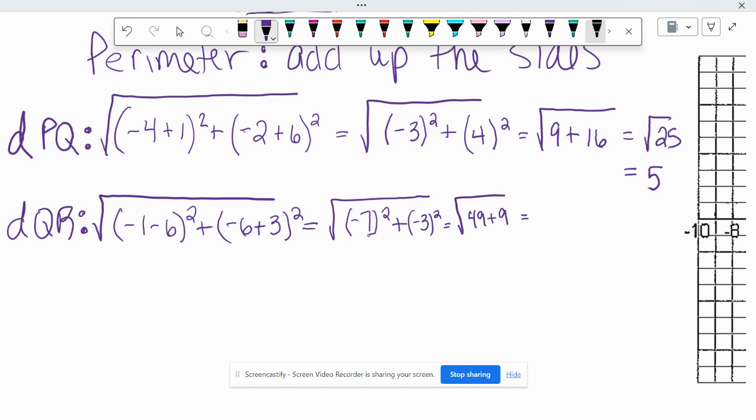What is 49 plus 9? 58. What is the square root of 58 about? There are a couple of calculators out there. About 7.6. So I'm going to go to segment QR and label it 7.6.